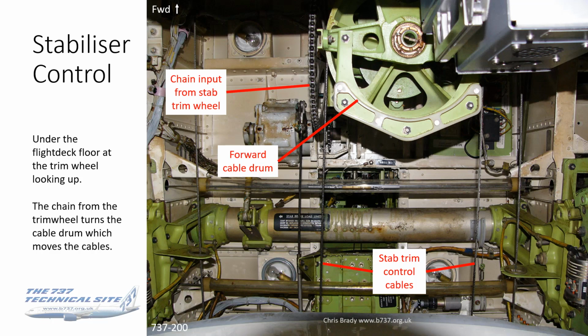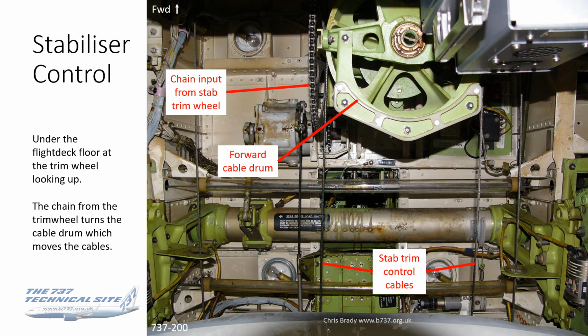And what you can see there is a chain on the upper left of the photograph. Looks for all the world like a bicycle chain. I mean, it probably is. Well, probably is the same material. Now that chain runs from the manual trim wheel to this forward cable drum, which is set at 90 degrees to it, and there's a couple of cogs in there, so they interconnect.